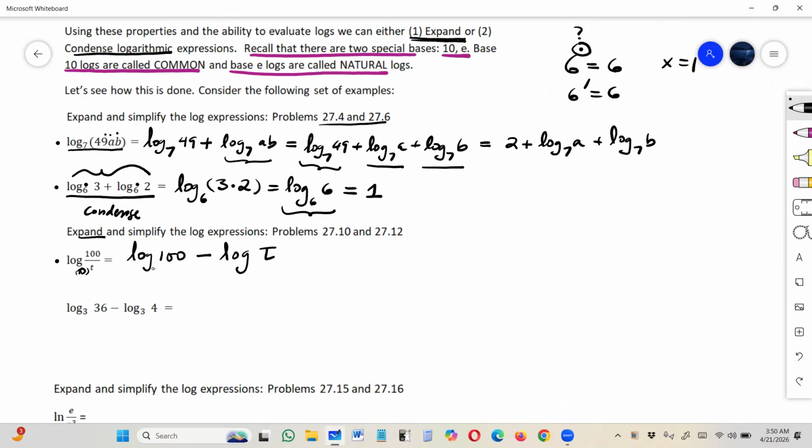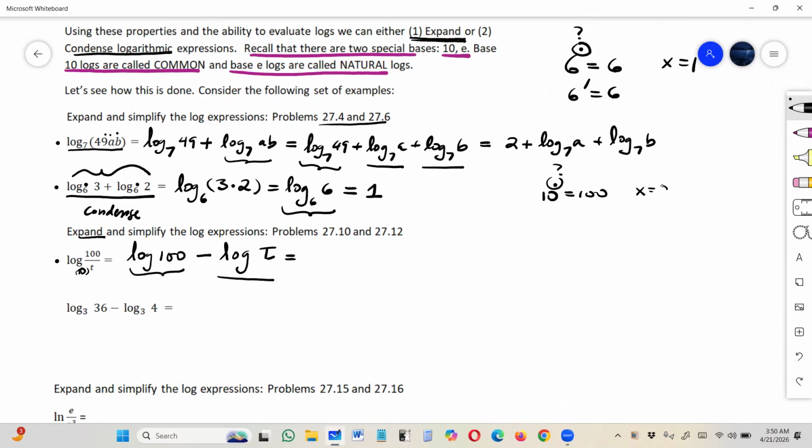So notice I don't write the base. We just leave it blank because it's understood to mean 10. Now, there's nothing I can do with log base 10 of t, but log base 10 of 100 can be simplified, right? Again, this is 10 to some exponent equals 100. So what is this exponent?